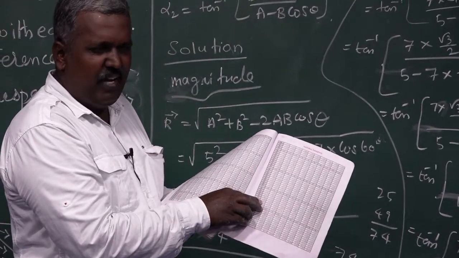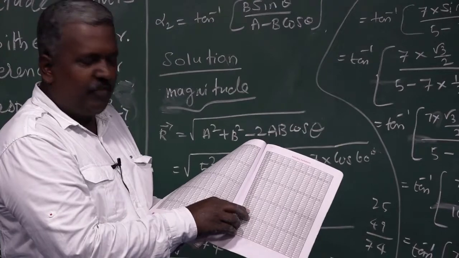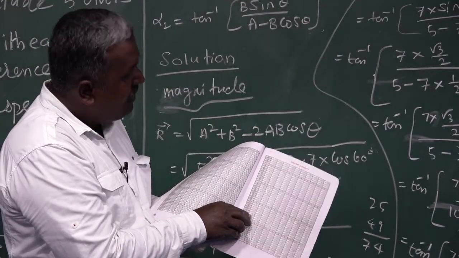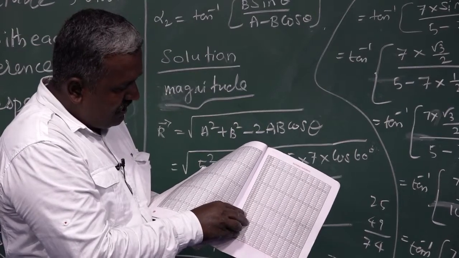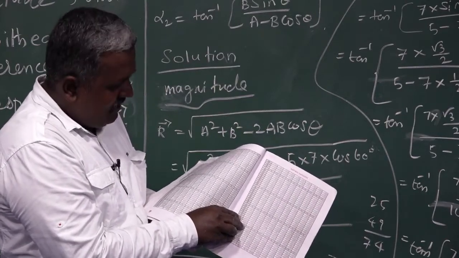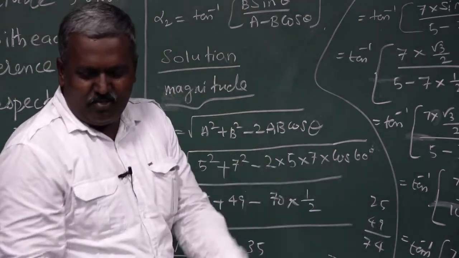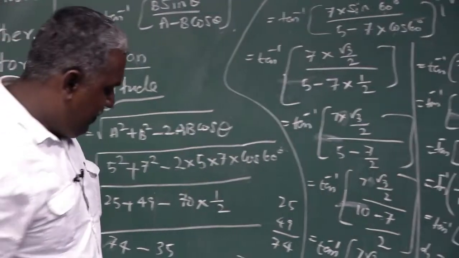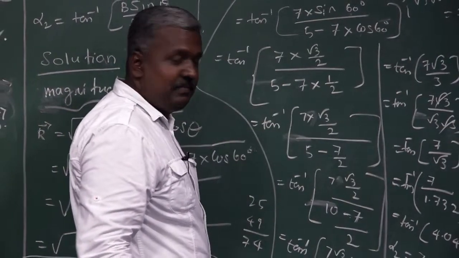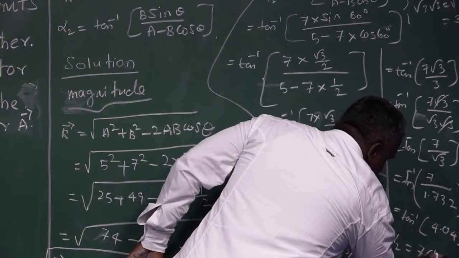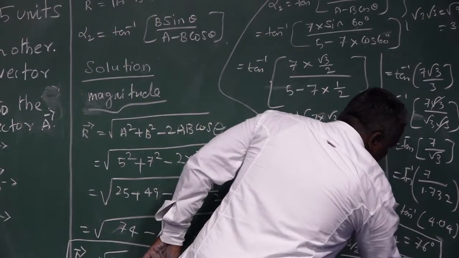No problem, marks will come. Don't worry. So the state value is the angle: 76 degree. So alpha 2, that is the direction of the resultant, is 76 degree. That's all.